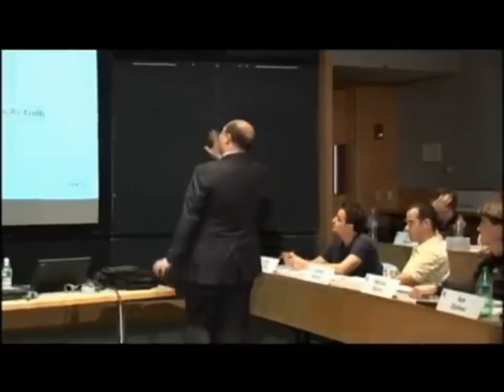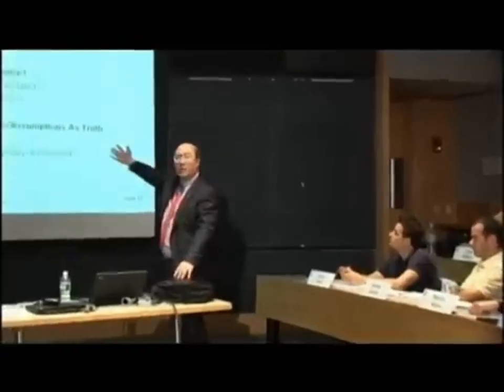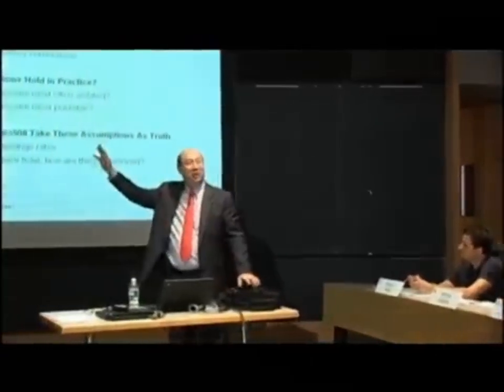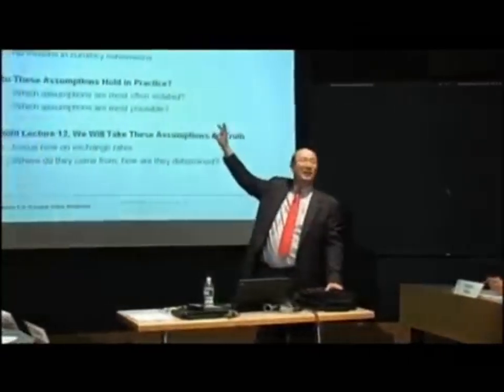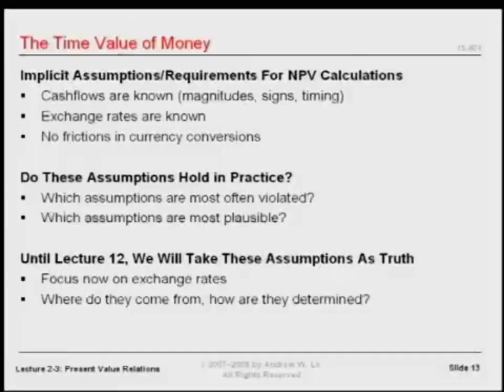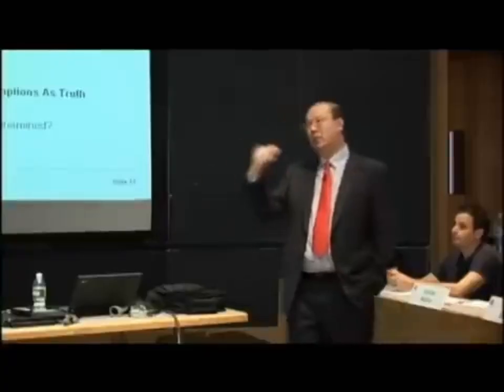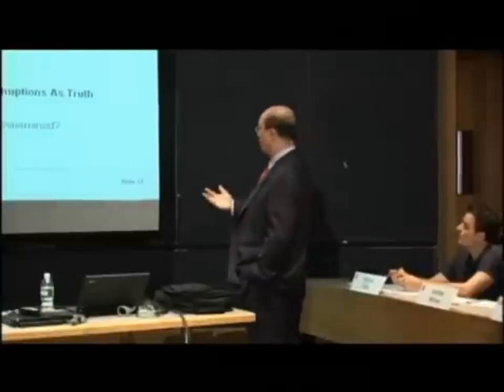So until lecture 12, that's a long ways away, but until lecture 12, I'm going to assume that these assumptions hold. And after lecture 12, I'm going to go back and systematically question and expand and revise each one of these. So when I told you during the first day of class that you can't handle the truth, this is what I mean. We're going to start simple and try to understand the implications of these simplistic assumptions, and then little by little we're going to make the assumptions closer to the truth. Okay?